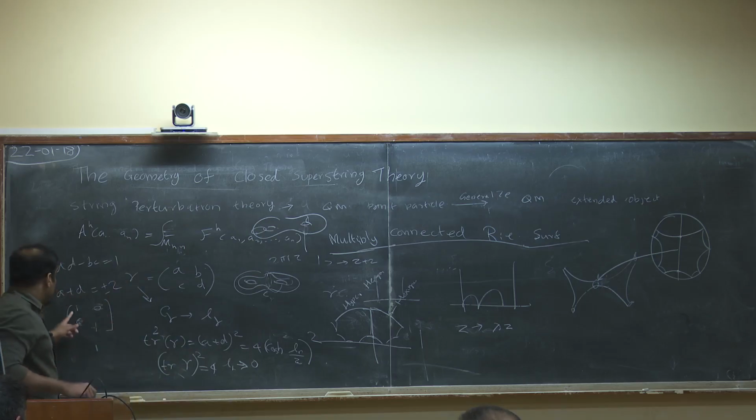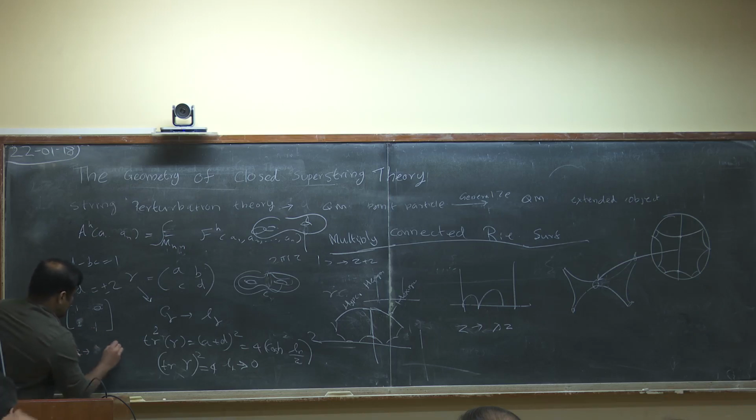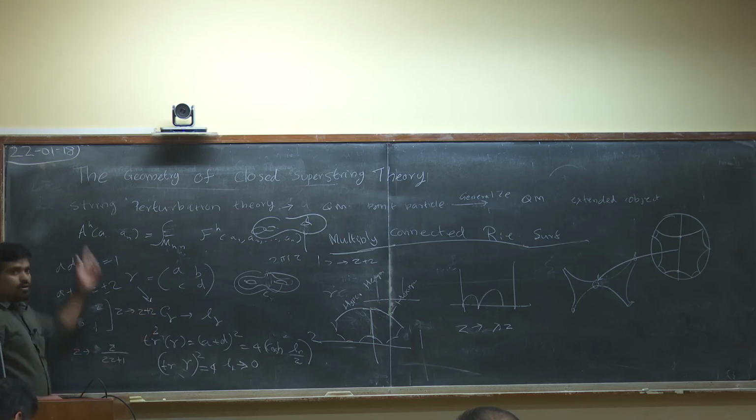It depends: in our Gamma 2 representation case, if I choose this to be equal to 2, then this is doing the transformation, C going to C by 2C plus 1. And instead of making B equal to 0, I can make C equal to 0 and put B equal to 2 or something else. That corresponds to a translation, C going to C plus 2. This corresponds to the puncture at infinity.